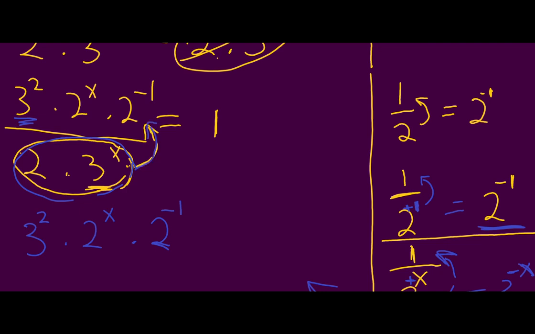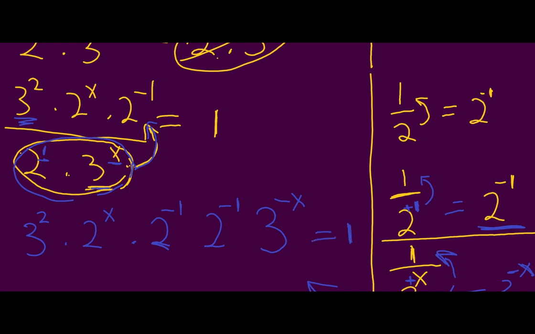So we have an imaginary positive 1 and also positive x on this side. This is positive 1. So when they go to the numerator, they change their sign. So that 2 becomes 2 minus 1, and the 3x becomes 3 negative x, right? Then all of this equals 1, right?